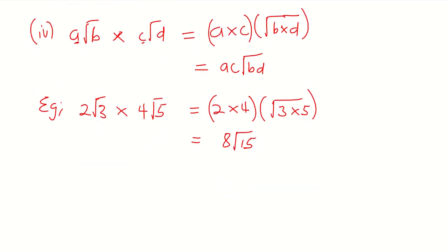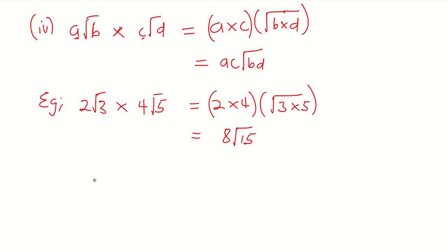We take the next example, and we can think of 2 square root of 5 multiplied by 3 square root of 7. So with this, we are going to multiply the rational part or the coefficient, and that is 2 times 3 in one bracket, and we have the other bracket which will contain the surd.